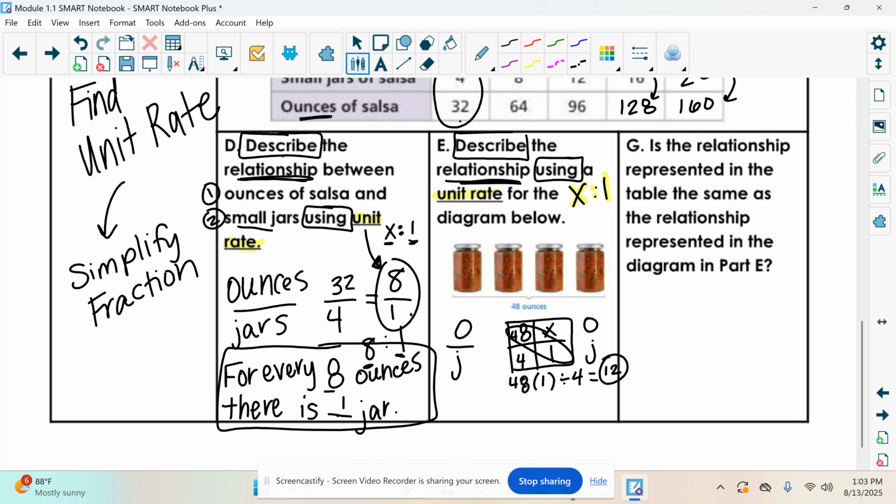All right, so if the second number is supposed to be 1, what is this? What were we trying to find? It was x, but what did x represent? Ounces. I heard it. Back to the problem. What was it? Unit rate. The 12 was your unit rate.